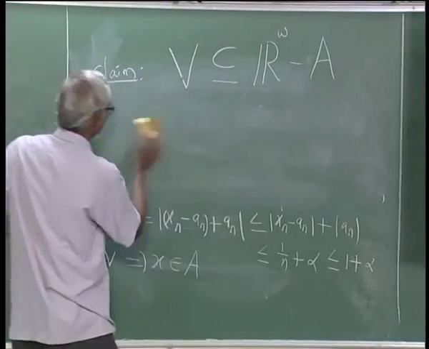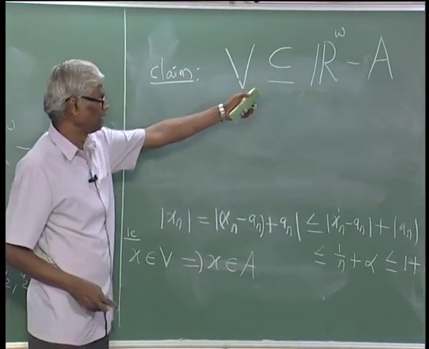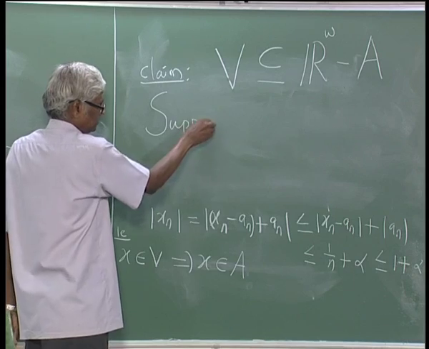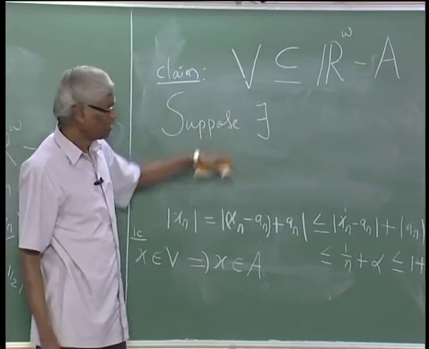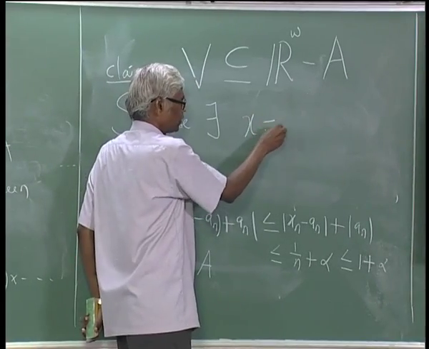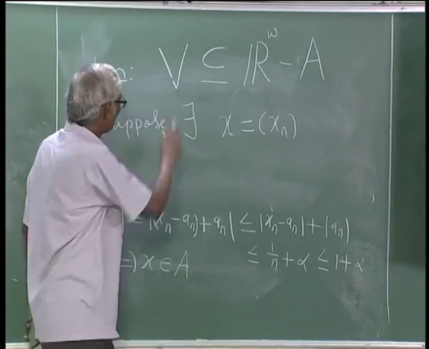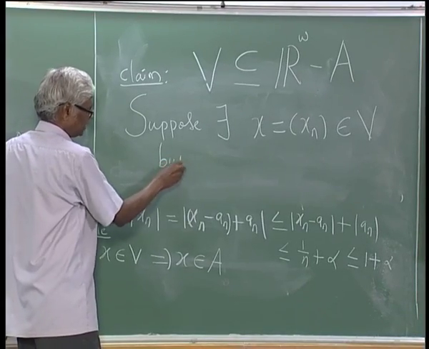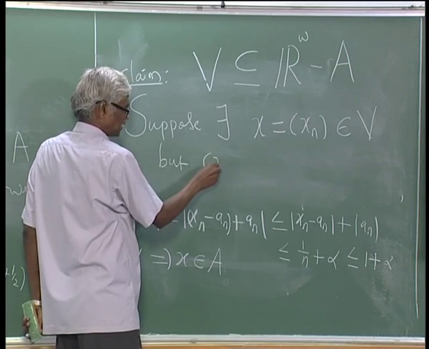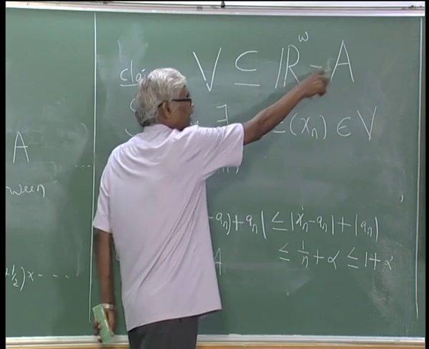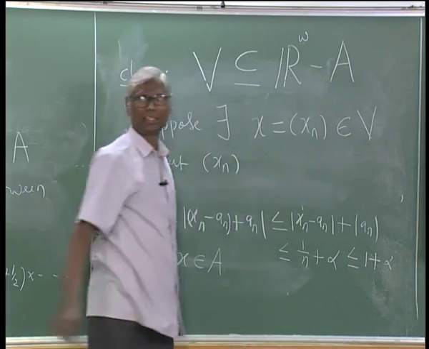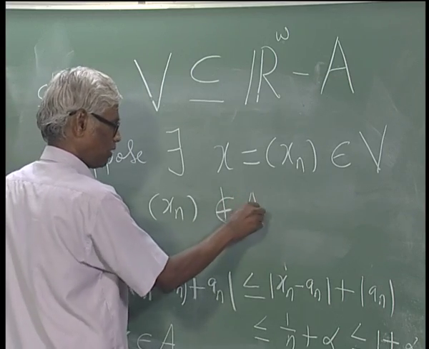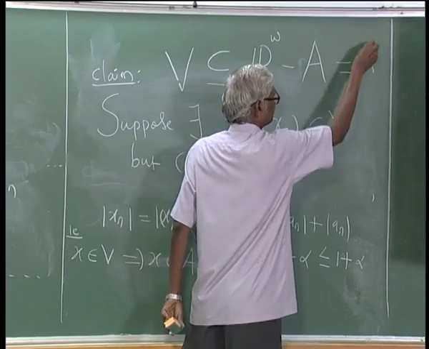Here, let us proceed by contradiction. Suppose there exists an element, a sequence x equal to (x_n) belonging to V, but that element (x_n) is not in the complement R power omega minus A, that is, (x_n) does not belong to the complement of the set A. This is what our A complement is.